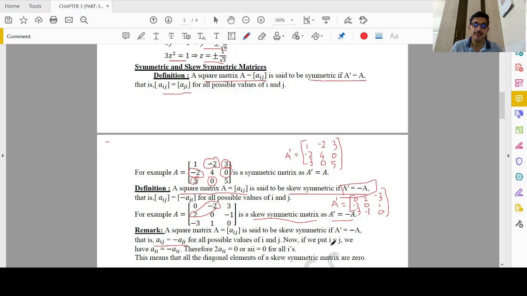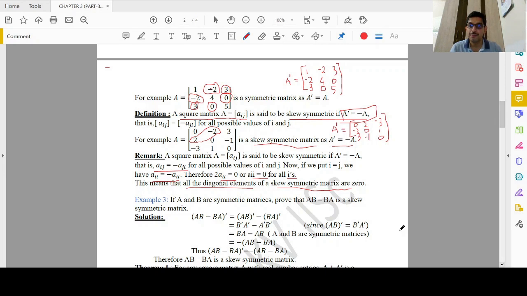Now if we put i equal to j, we will be getting diagonal elements. So that is Aii equal to minus Aii. Therefore 2Aii equal to 0, or Aii equal to 0 for all i's. So I'll repeat again, all the diagonal elements of a skew symmetric matrix are 0. This is a property of a skew symmetric matrix.